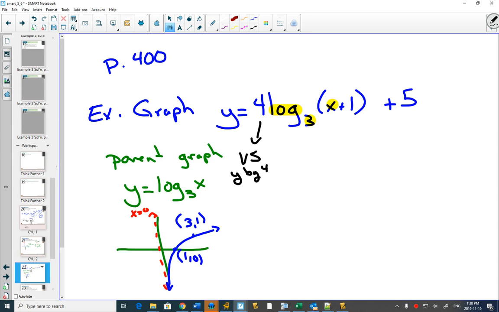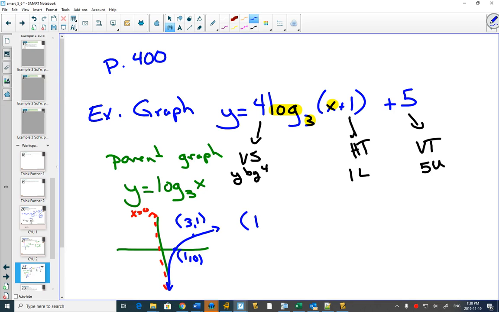The next thing I run into is this plus 1. It's inside my function. It's going to be a horizontal translation, and it's going to move 1 to the left. And then finally the plus 5 outside of the function, vertical translation 5 up.